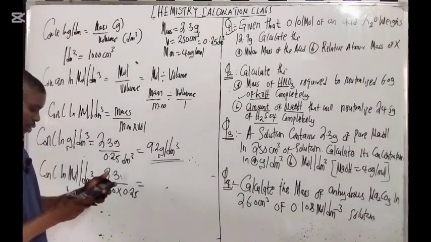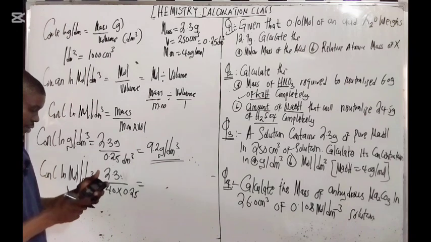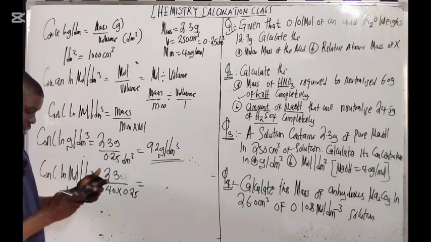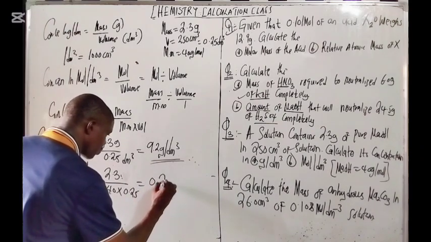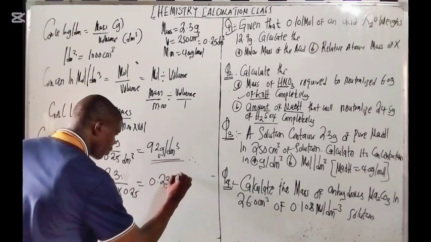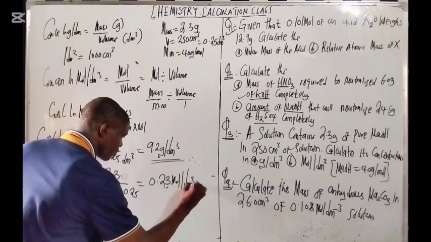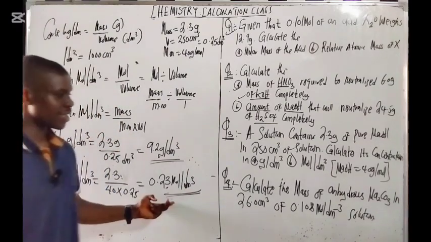So what are you going to get? 2.3 divided by 40 times 0.25, so we have 0.23 mole per dm cube. That is the answer to this.